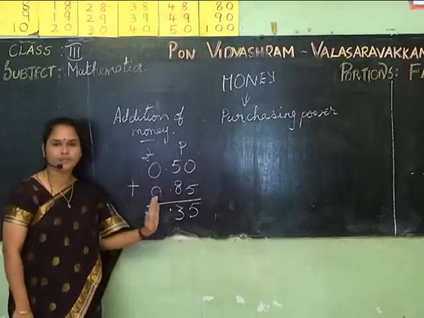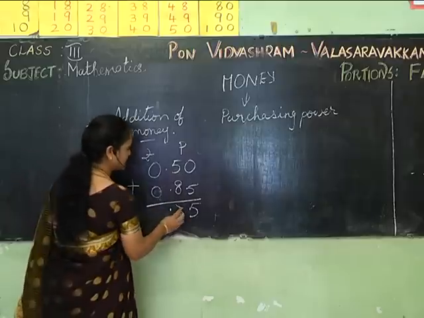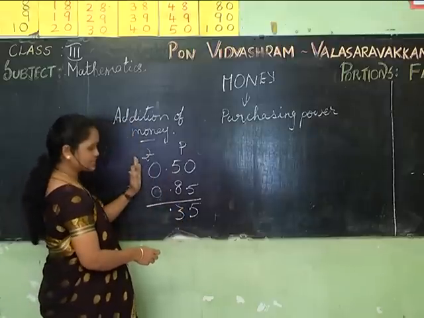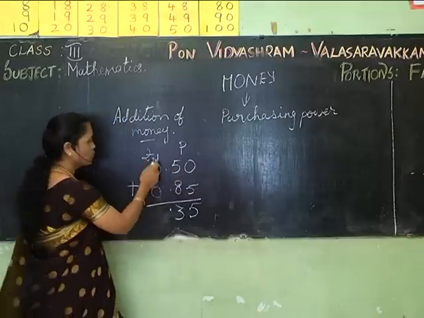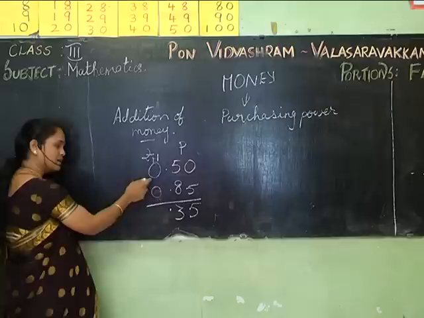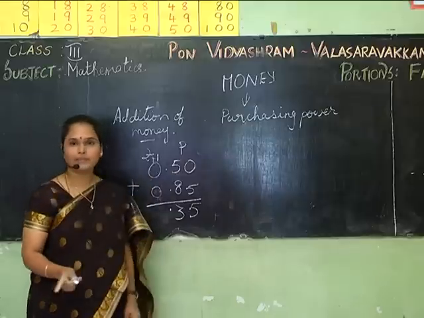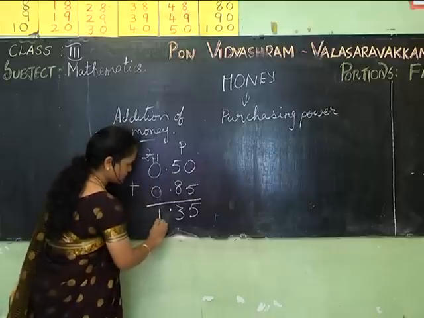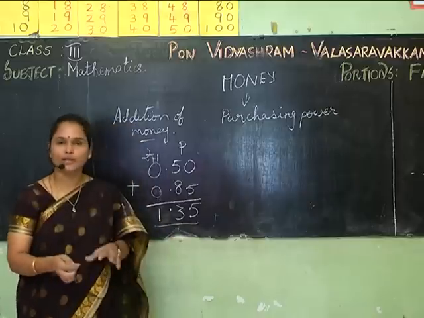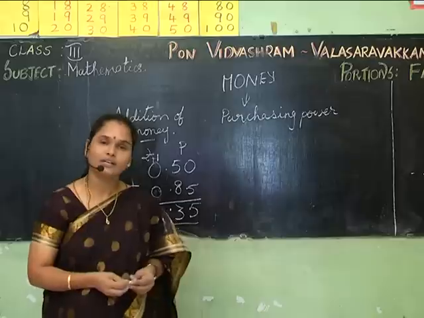That is separating rupees from paise. Okay. It is 13. Carry over to the next place. Now 1 plus 0 is 1. Again 1 plus 0 is 1. Any number added to 0 will give you the same number. So it is 1. So you have to pay 1 rupee and 35 paise to the shop.